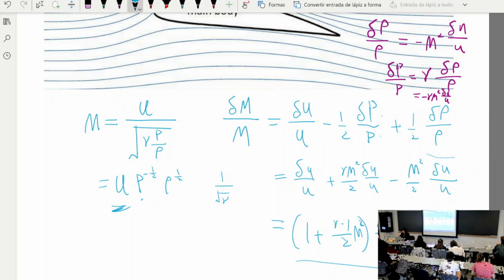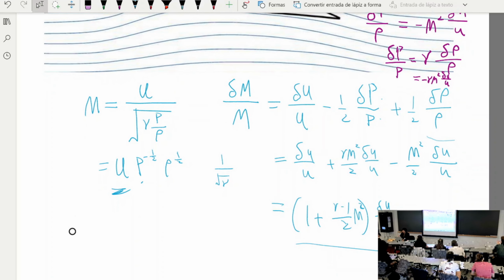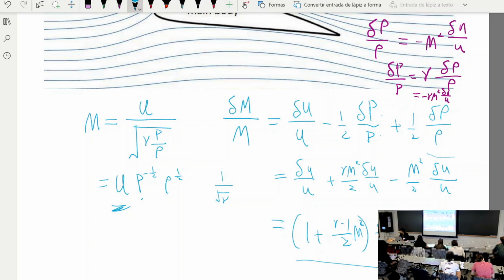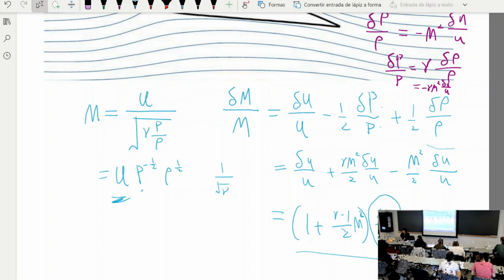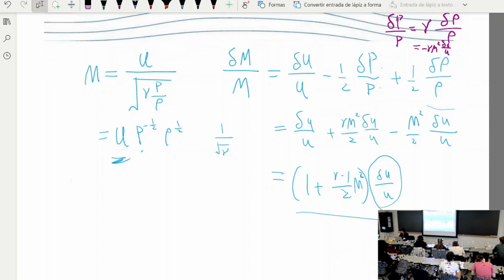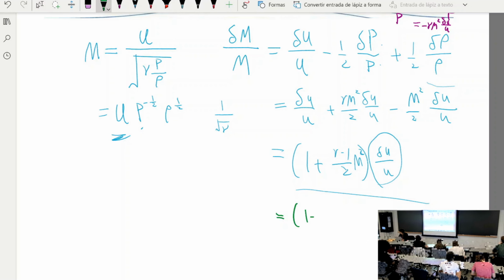And now the first thing we want: we also know these relationships, right? So we can write this not just in terms of delta u over u, but also delta rho over rho and delta p over p. So let's write them down. We know, for example, delta rho over rho is minus M squared times delta u over u.